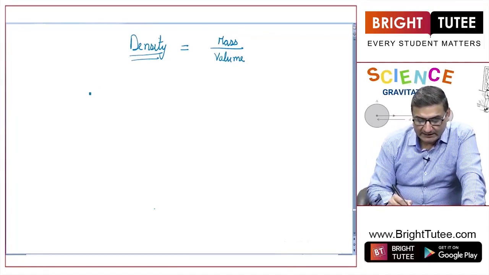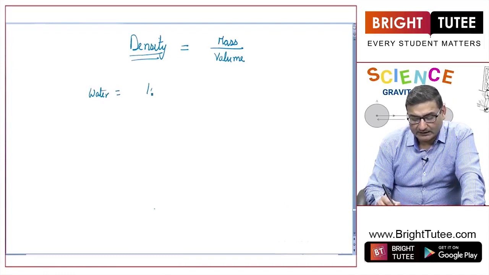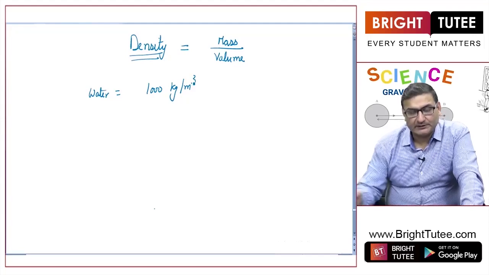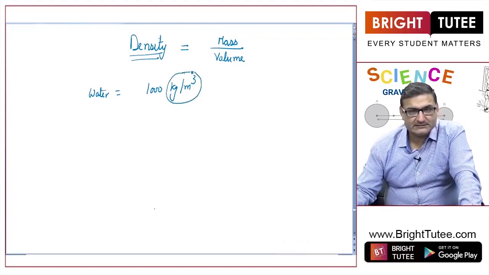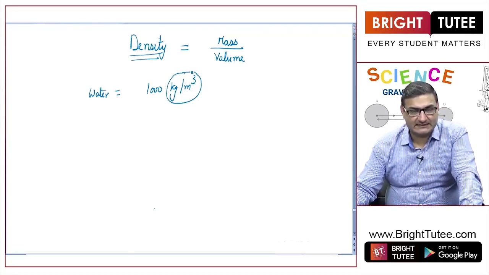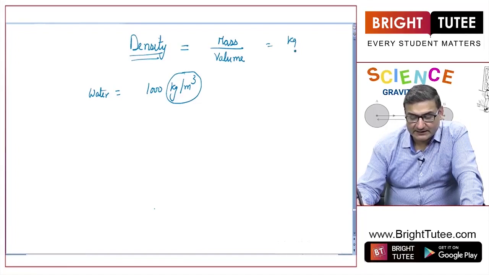Now, the density of water is basically 1000 kilogram per meter cube. This kilogram per meter cube is the SI unit of density, right? Because mass is in kilograms and the volume is in cubic meters.